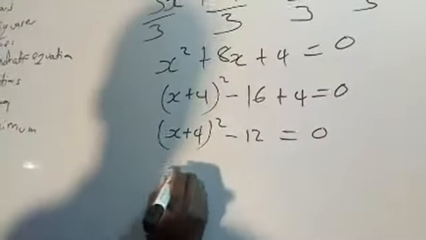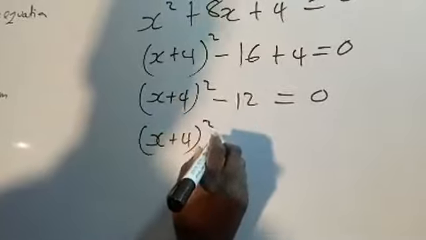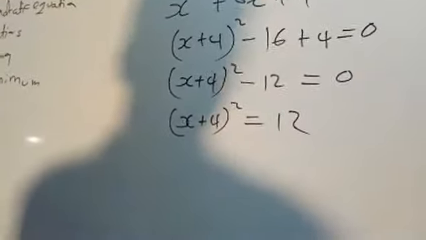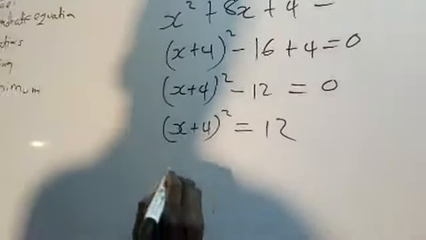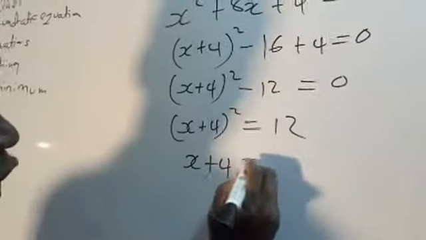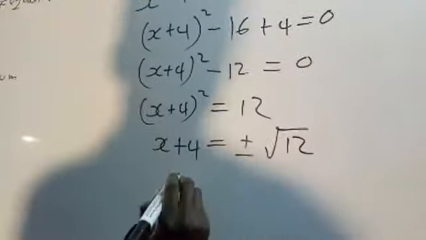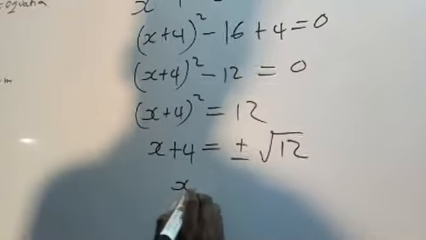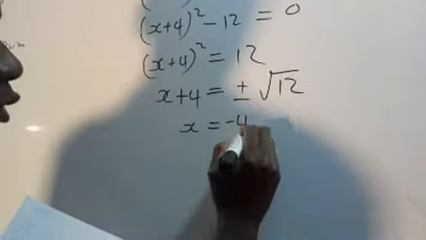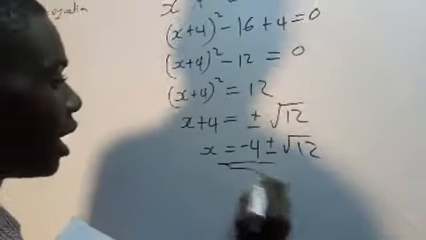Then it will be x plus 4 squared equal to 12. Then making x the subject, x plus 4 equal to plus or minus root 12, making x equal to minus 4 plus or minus root 12.